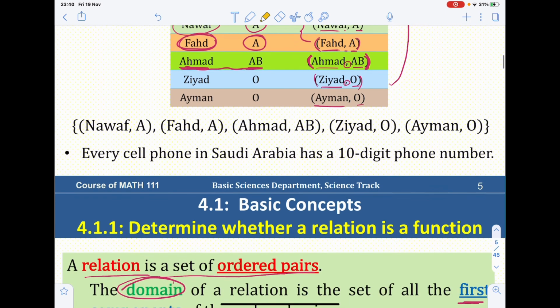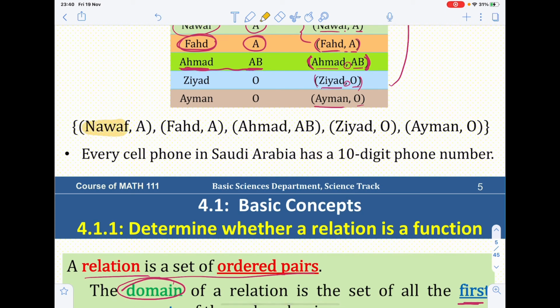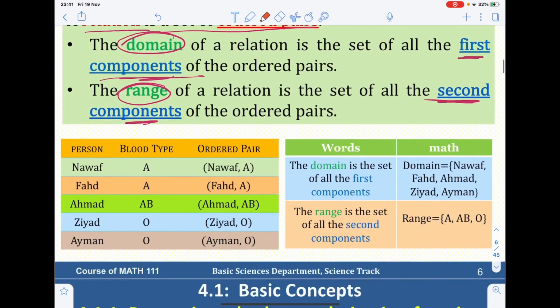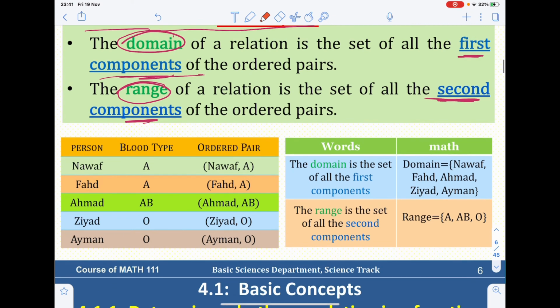So since the domain is the first component, the domain is the names here, which are Nawaf, Fahad, Ahmed, Ziyad, and Ayman, while the range is the second component, which is A, AB, and O. Okay? So again, the domain is the set of the first components, while the range is the set of all second components. We can write the domain as this, and we can also write the range as this.